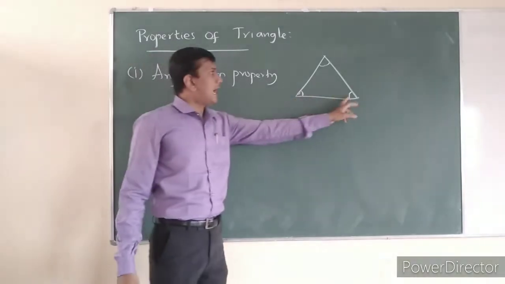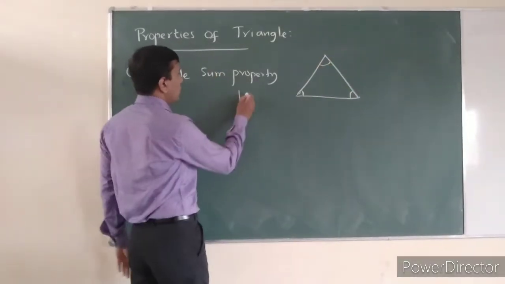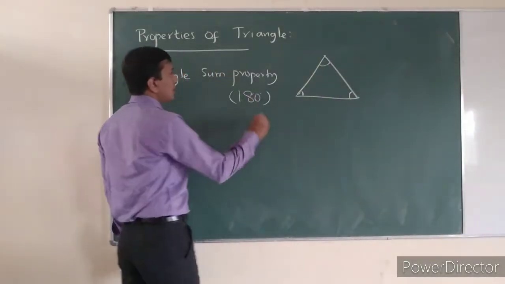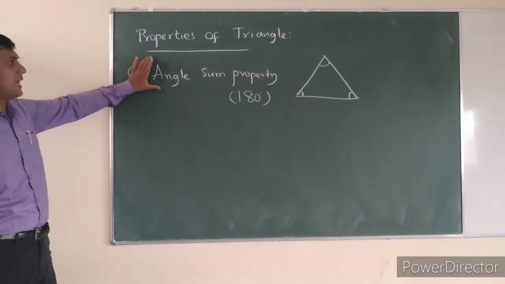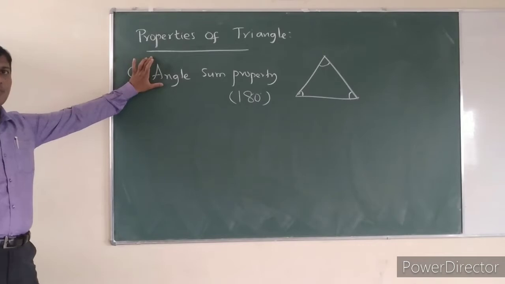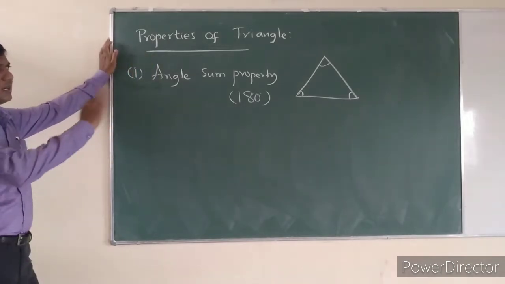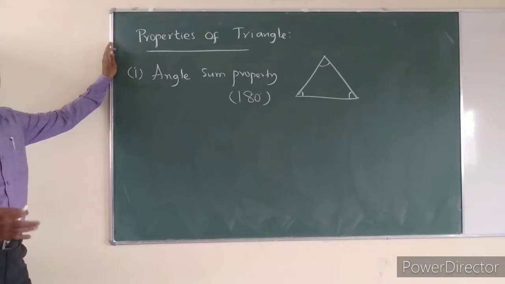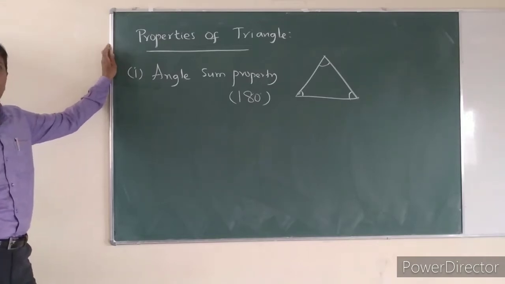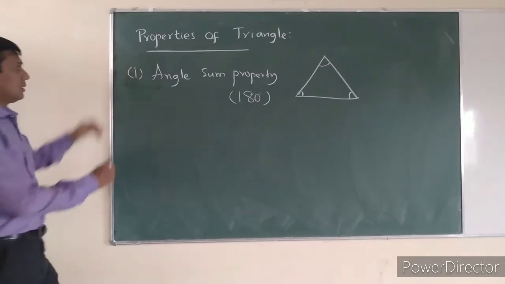The sum of these three angles is equal to 180 degrees. All these three are called interior angles. So the angle sum property defines that if we add these three interior angles, they will sum up to 180 degrees.